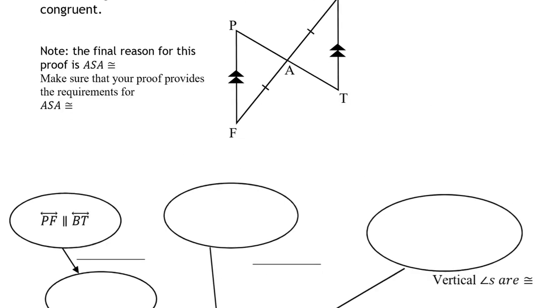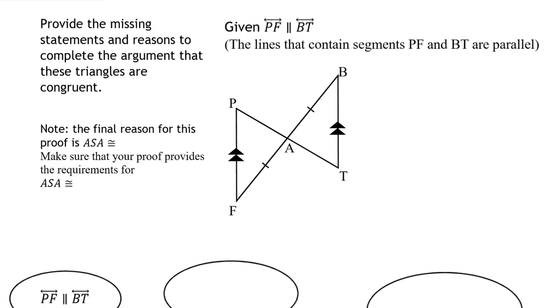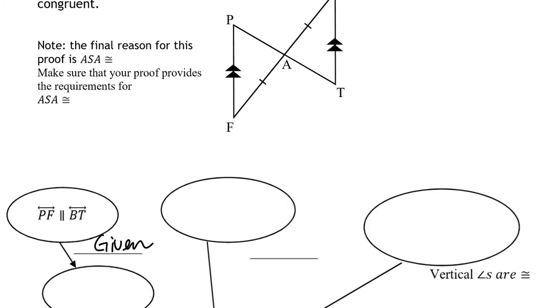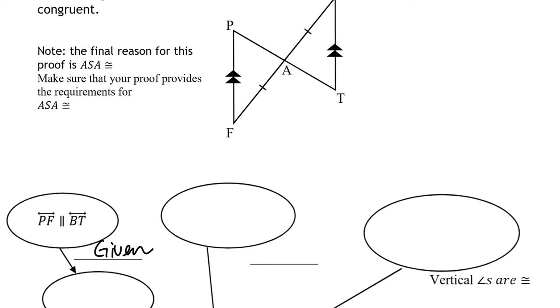So if I look at it, first of all, we start with PF is parallel to BT. The fact that that was parallel was because that was given. Now, the next thing it says, alternate interior angles are congruent. So I could point out one of two things, right? There's two different pairs of angles that are congruent because of those parallel lines.